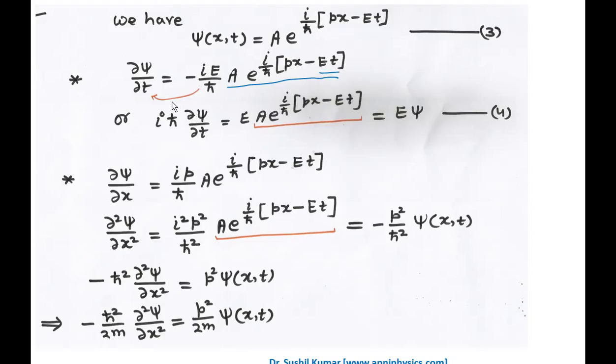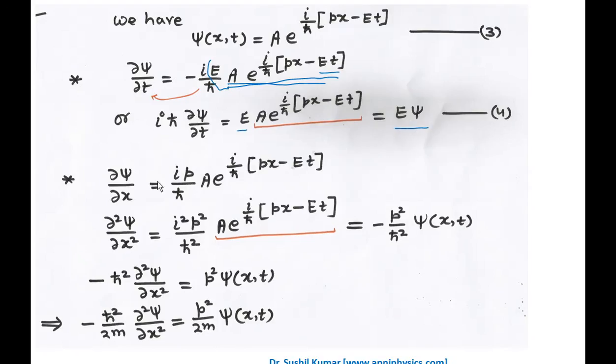So I am taking this i h cross to the left hand side, so it becomes in this form: i h cross del psi upon del t, and the remaining part will be this E and this psi. So here I can write this E and this psi as it is, which becomes E psi. So now the left hand side is iota h cross del psi upon del t is equal to E psi. This is equation number 4.